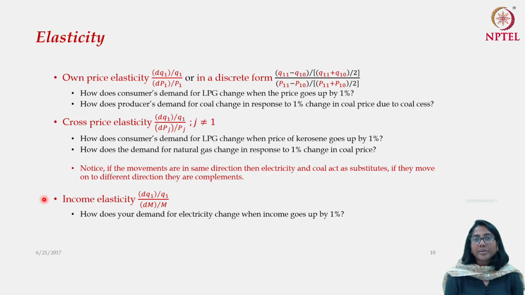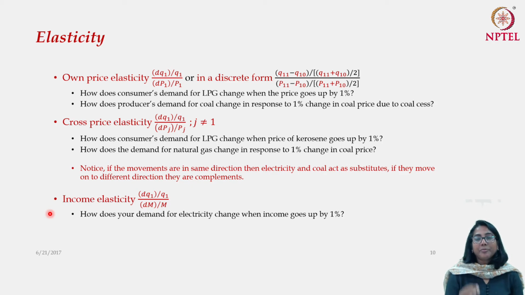The final one is the concept of income elasticity. What happens in case of income elasticity? Sometimes if we have more money, we tend to buy something more, and it may also happen that if you have more money, you buy something less, right? So this is the concept of income elasticity. If your income goes up by 1%, what is going to be the repercussion on the demand of a particular fuel?